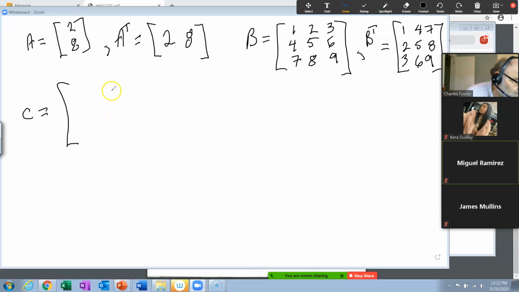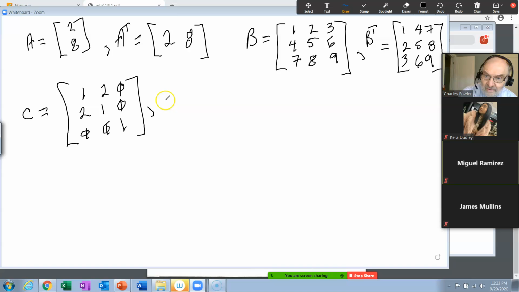Here's C: 1, 2, 0, 2, 1, 0, 0, 0, 1. What would be C transpose? Anybody?